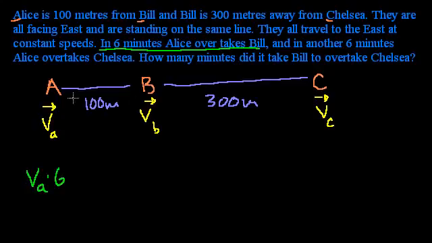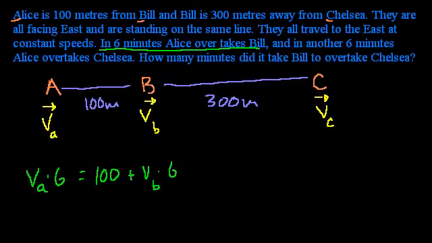And she overtakes Bill, so that means she goes 100 meters more than Bill went. Well, so that means she went 100 meters plus the distance that Bill went in that 6 minutes. And the distance that Bill went in 6 minutes is velocity of Bill times 6, right? This tells us in 6 minutes, Alice went 100 meters more than however far Bill went in 6 minutes. That's that equation there. We got it from this information.